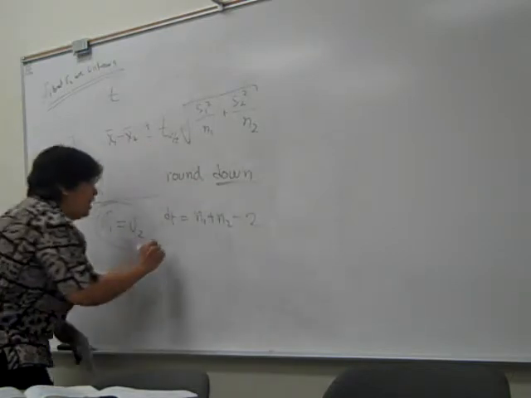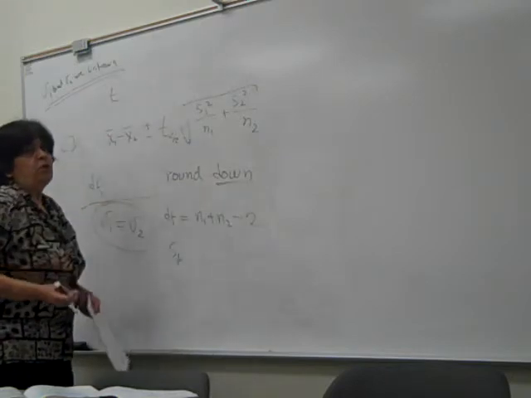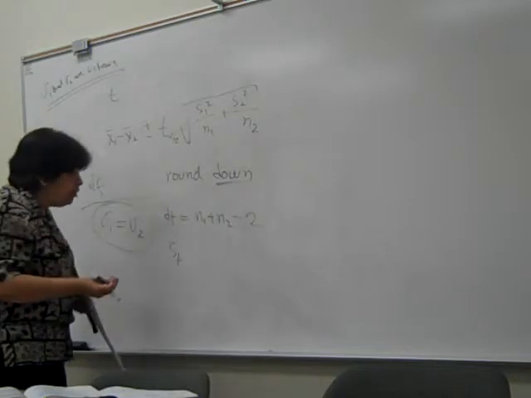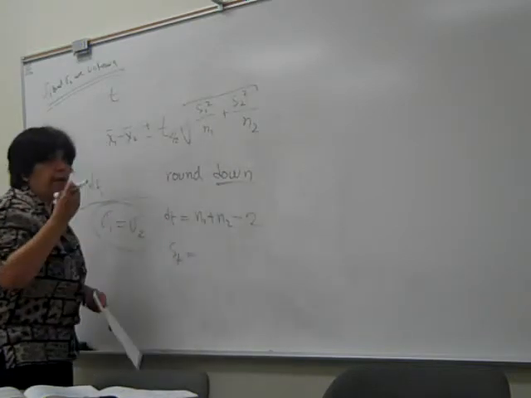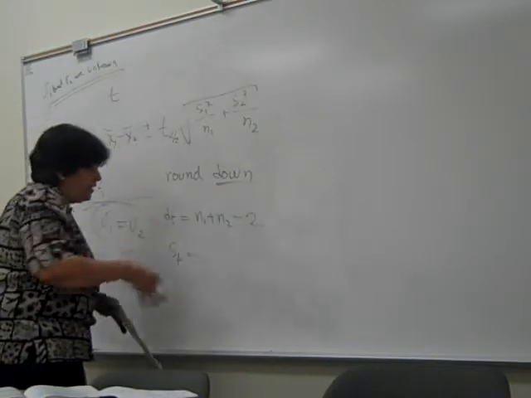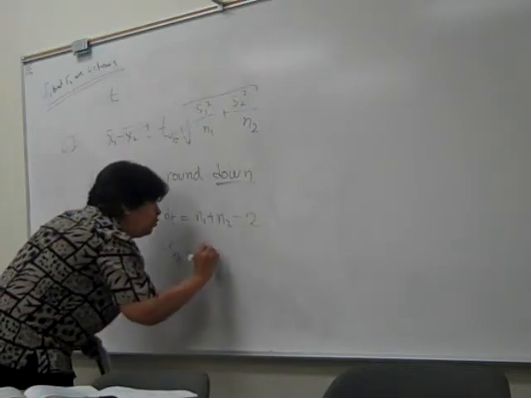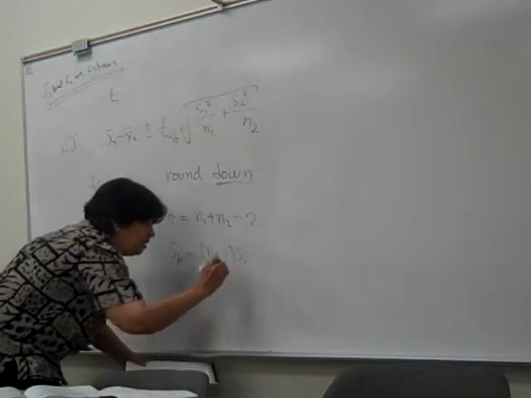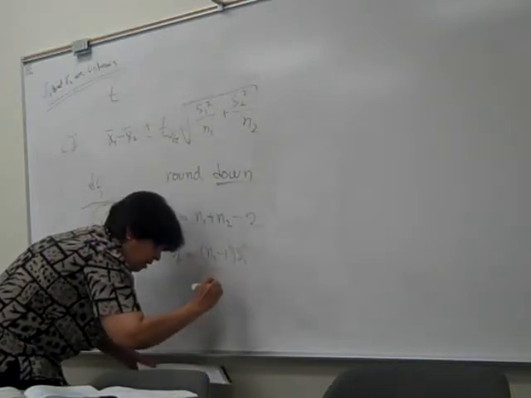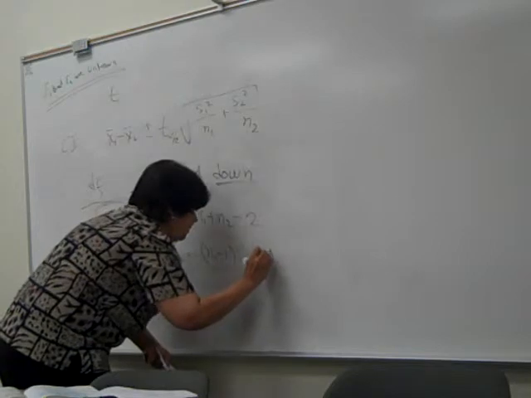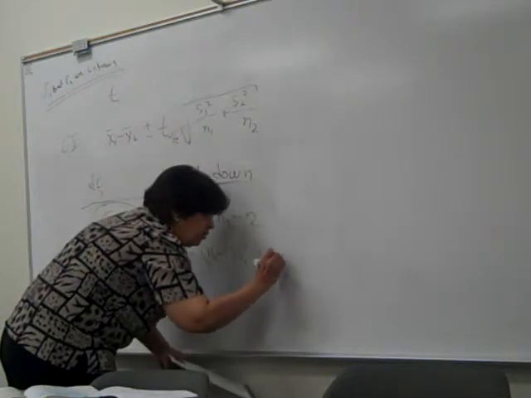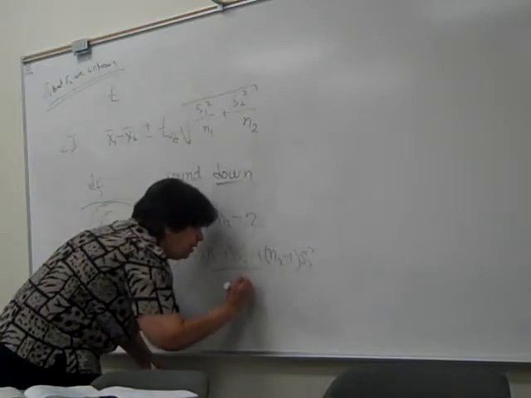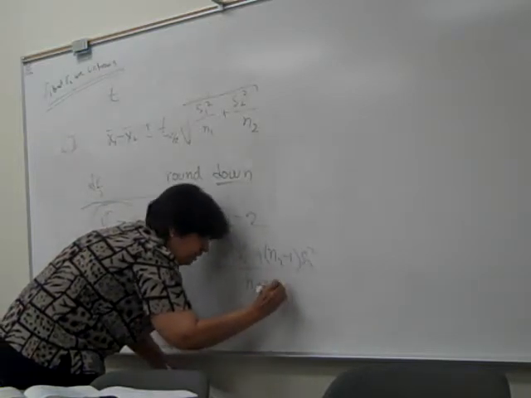statistic, and we have to compute a pooled sample standard deviation that is equal to the square root of n1 minus 1 times S1 squared plus n2 minus 1 times S2 squared, divided by n1 plus n2 minus 2.